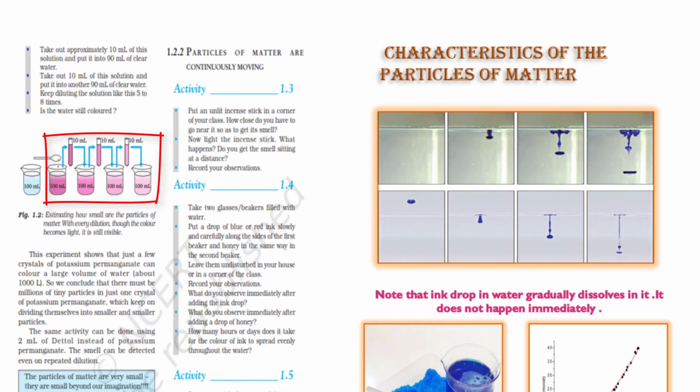There, you had mixed one solid, another liquid. What do you observe when you drop the ink in the glass of water or the beaker? You observe after a while that the entire water turns the color red or blue as the ink's color is, right? Why does it happen?